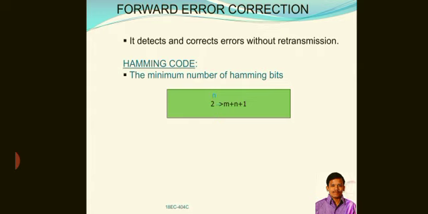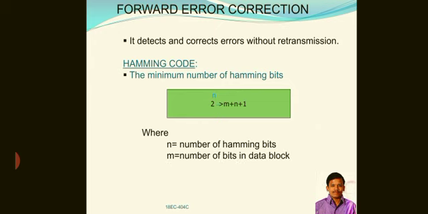In this Hamming code, a small condition is required: the minimum number of bits added to the data depends upon the following formula, 2 power n greater than or equal to m plus n plus 1, where n is the number of Hamming bits, or number of extra bits we have to add, and m is the number of bits in the data.